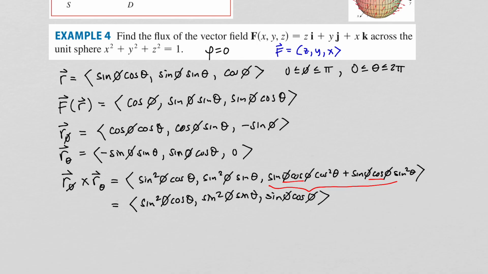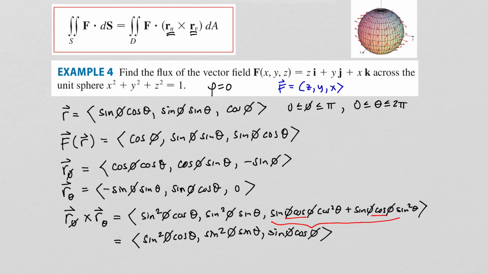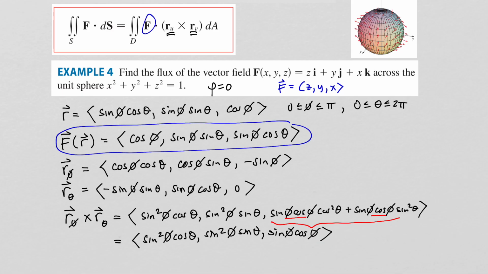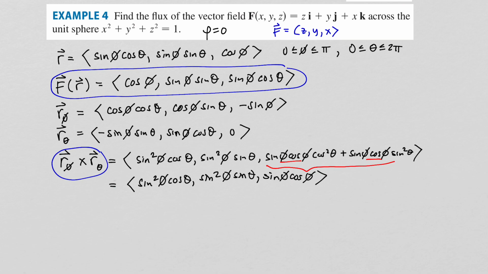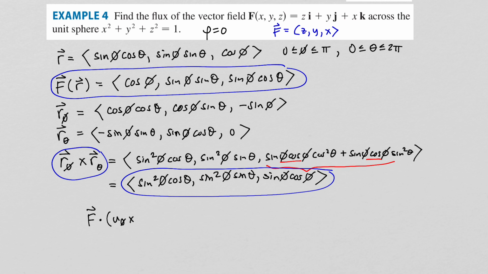Okay, now we need to take the vector field F, which is right here, and the dot product of that with this here. So we need to take the dot product of these two things. So F dot r_phi cross r_theta will be, let's go ahead and go through this. So we have cosine of phi multiplied by sine squared phi cosine theta.